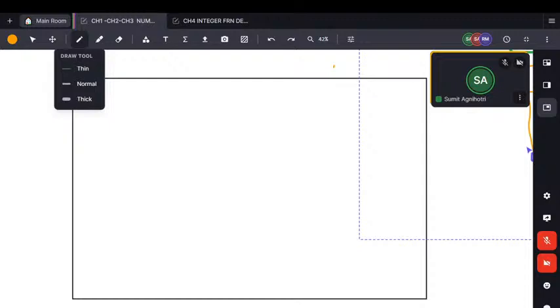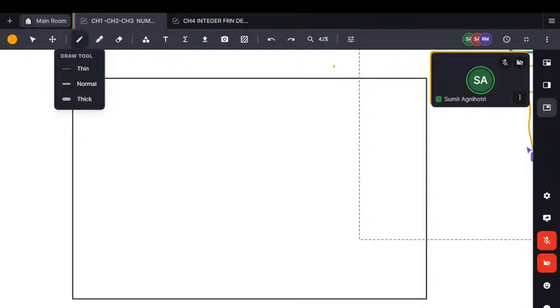Now under real numbers, you have first the type of numbers that are natural numbers. And all natural numbers are included inside your whole numbers. That's why now I will draw a big circle that will include all kinds of natural numbers.